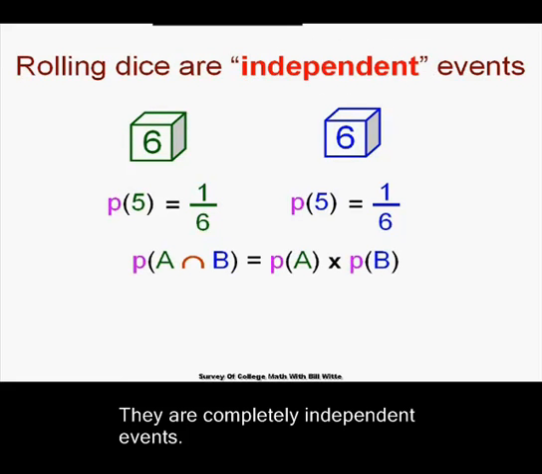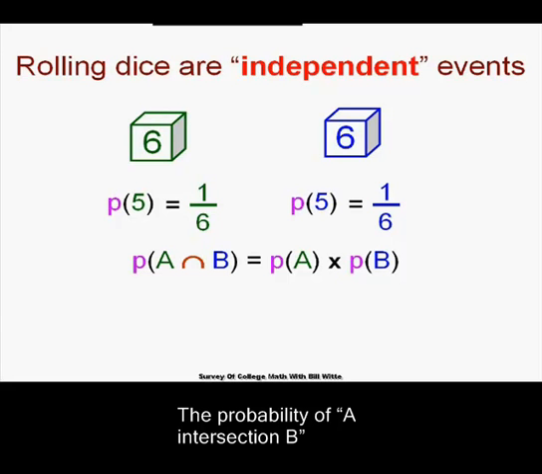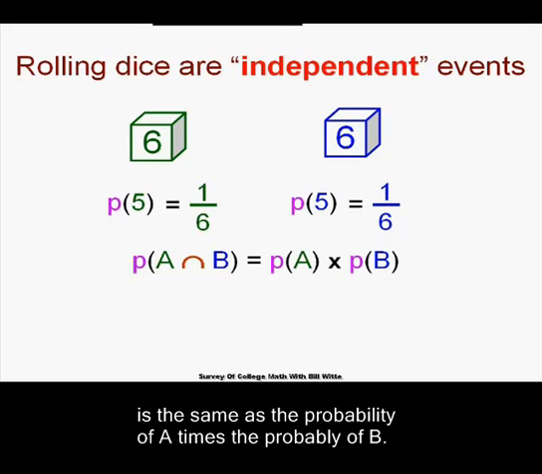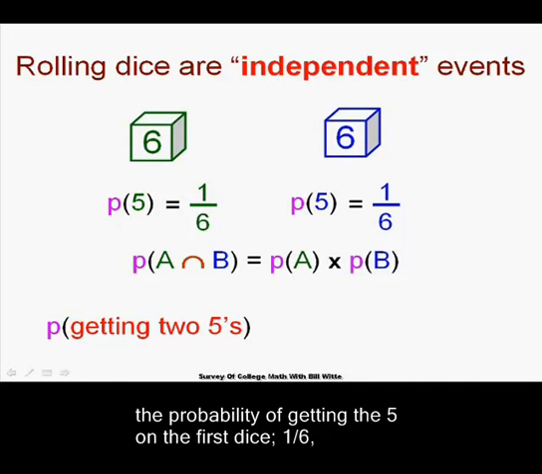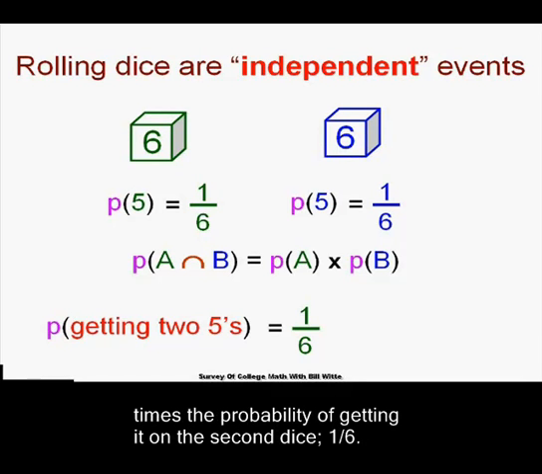Now the probability of A intersected with B is the same as the probability of A times the probability of B. We know that from the multiplication principle. The probability of getting 2 5s is going to be the probability of getting a 5 on the first dice, which is 1/6, times the probability of getting a 5 on the second dice, because they're completely independent.